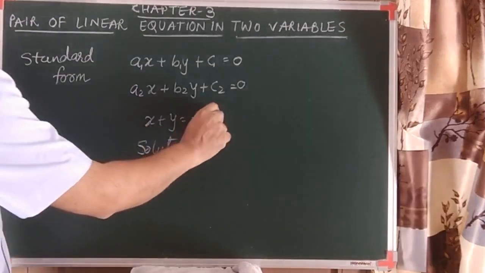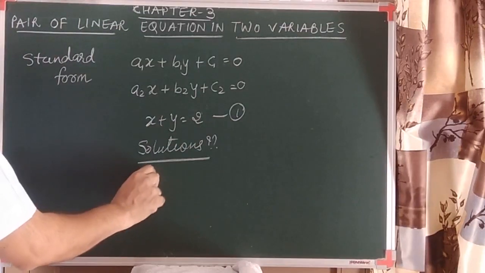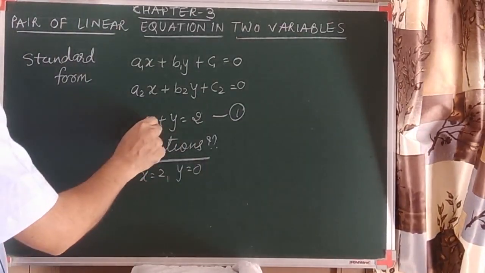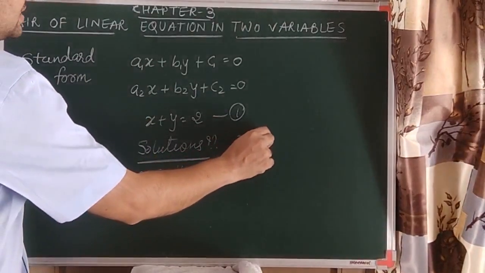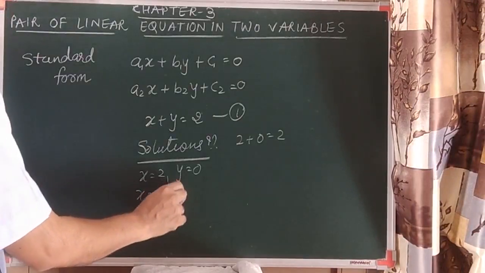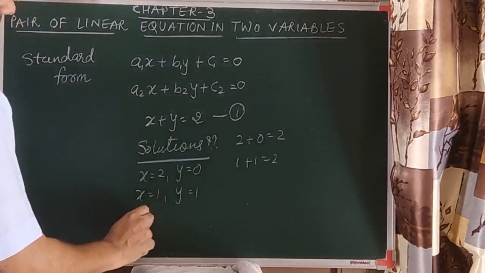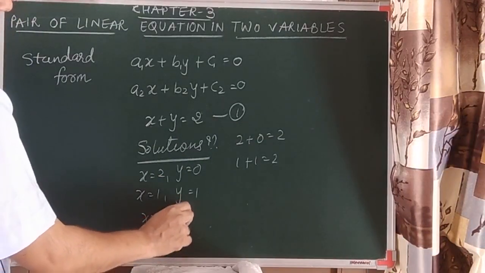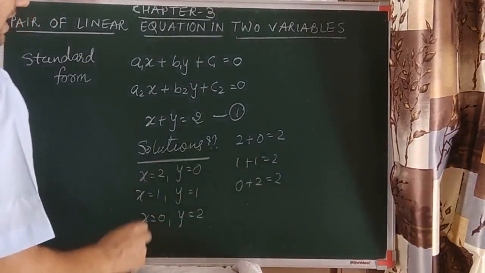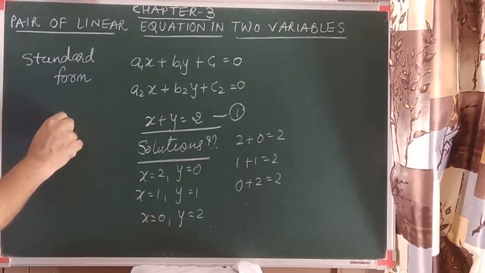So for this equation which I have written here, how many solutions does it have? If x is 2, y must be 0. This is one solution. यहाँ पे x अगर 2 रखेंगे तो y 0 होगा, तभी जाके हमें 2 मिलेगा. If x is 1, then y must be 1. This is another solution. If I put x as 0, then y is 2. This is the third solution. So we know that one linear equation in two variables has infinitely many solutions.